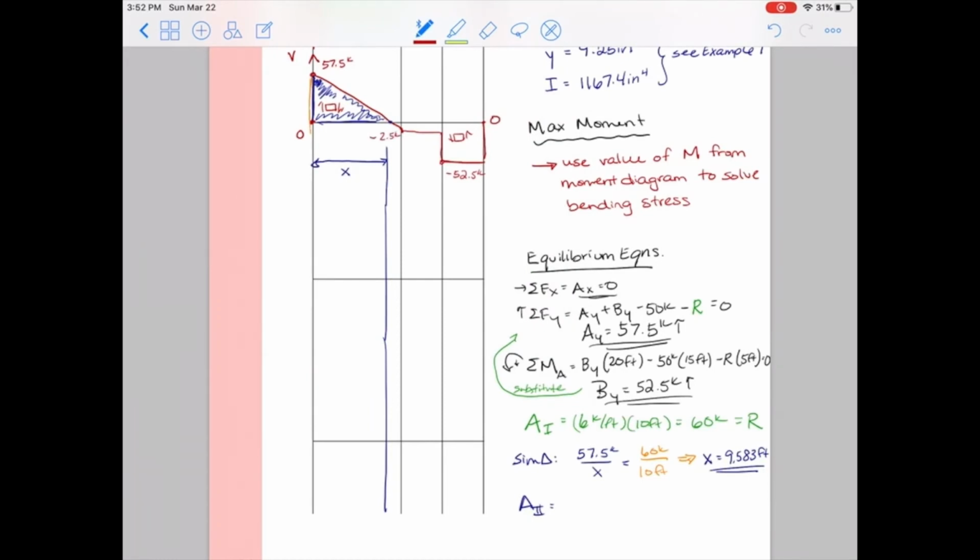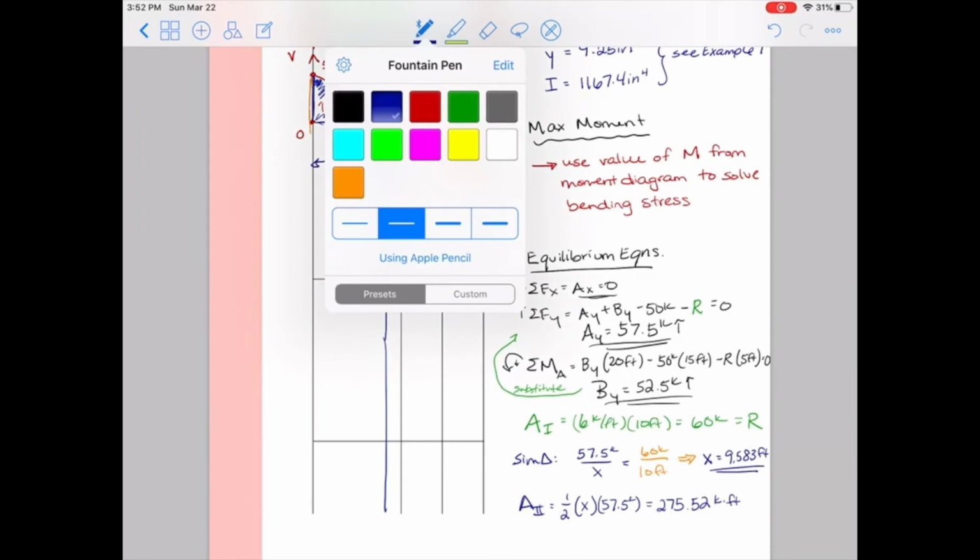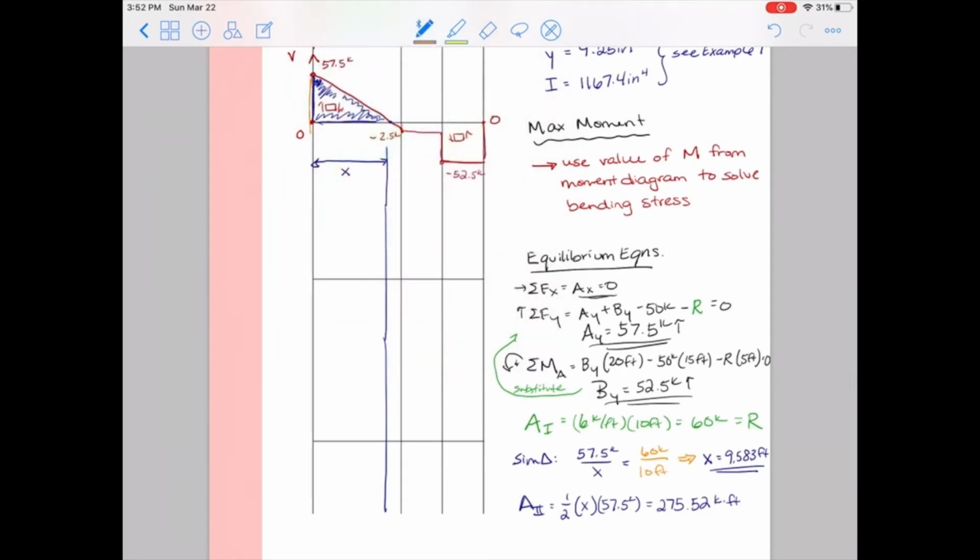So 1/2 the base, which is 9.583 feet, and the height, which is 57.5 kips. And then I do some math there, and that tells me A2 is equal to 275.52 kip-feet.